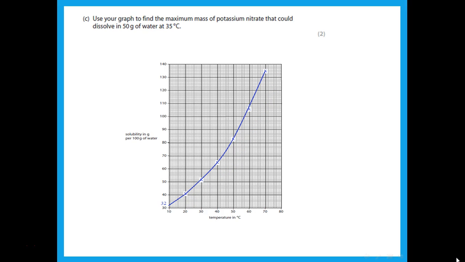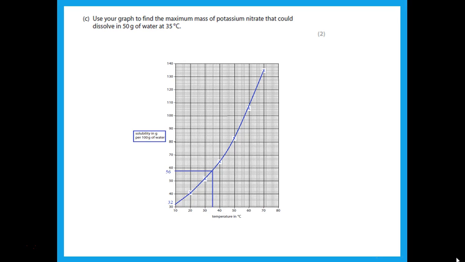Use your graph to find the maximum mass of potassium nitrate that could dissolve in 50 grams of water at 35 degrees centigrade. So first of all, he wants at 35. So I look at the graph. Where is 35? 35 is there, and then I go up to the curve, and then I go horizontally, and I find that it meets at 56.